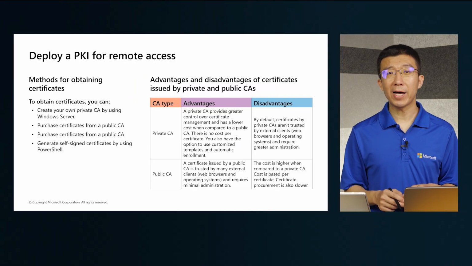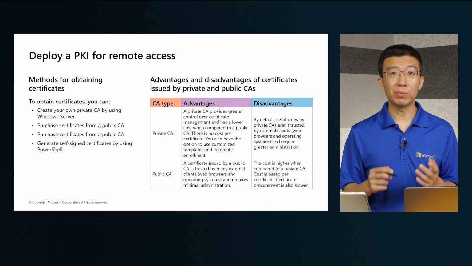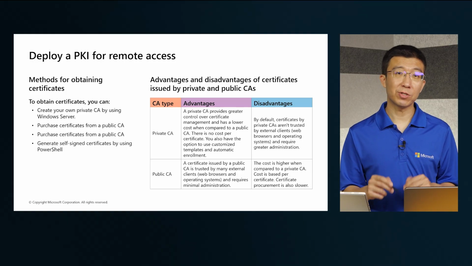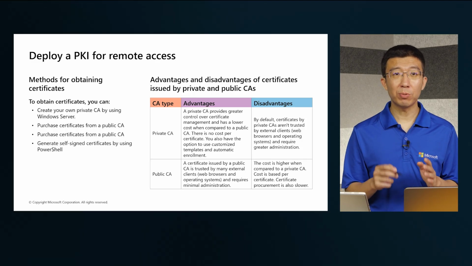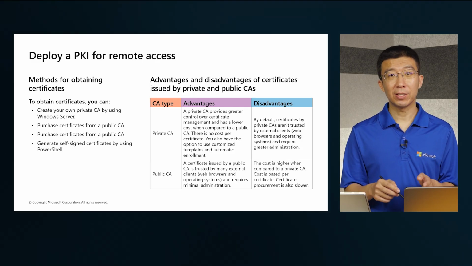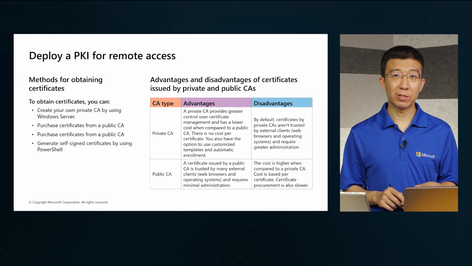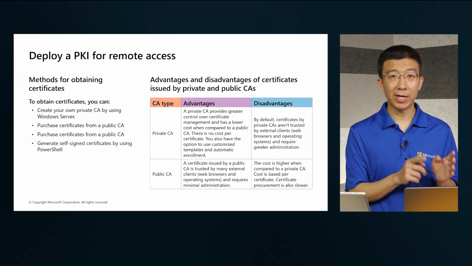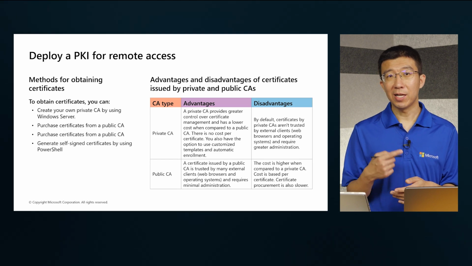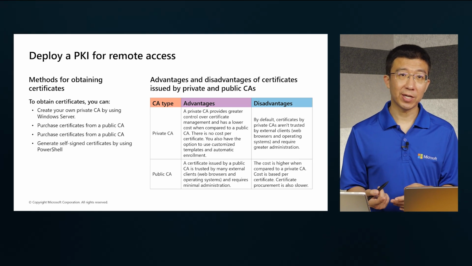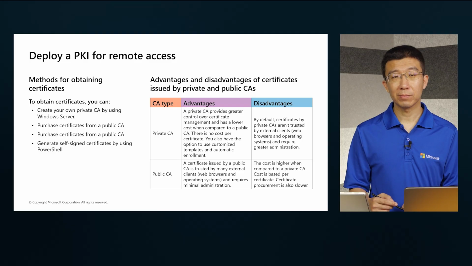To secure remote access, you may need to deploy a public key infrastructure, PKI, to issue certificates. You can create your own private certificate authority using Windows Server, purchase certificates from a public CA, or generate self-signed certificates with PowerShell.